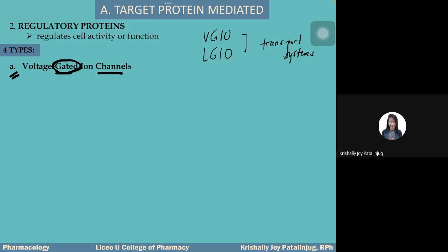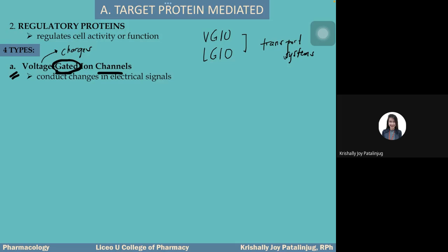When I say voltage, this tells us about charge. There are only two types of charge, positive or negative charge, electrical signals. So your analysis here is that a voltage-gated ion channel opens if it detects changes in the electrical signals.